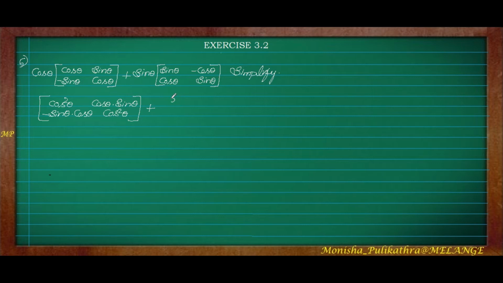Here sin theta into sin theta is sin square theta. Sin theta into cos theta is minus sin theta cos theta. Here sin theta into cos theta is sin theta cos theta, and sin theta into sin theta is sin square theta.